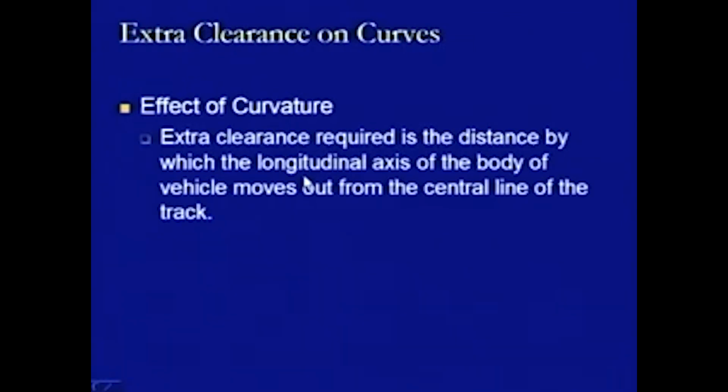So, the curvature effect requires this extra clearance, and this is the distance by which the longitudinal axis of the body of the vehicle moves out from the central line of the track. This is what we have shown in the previous diagram.